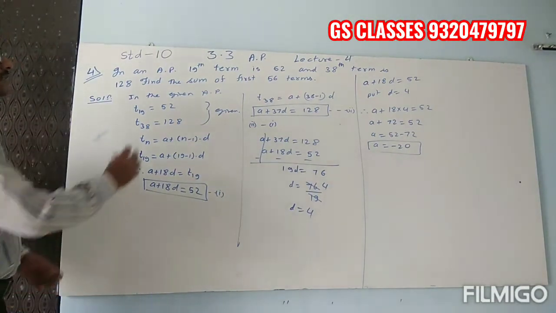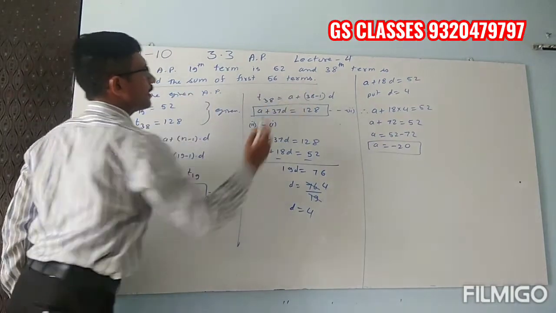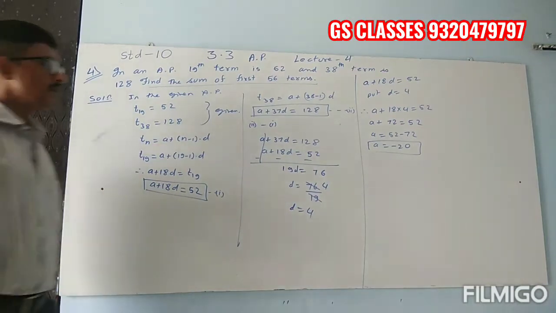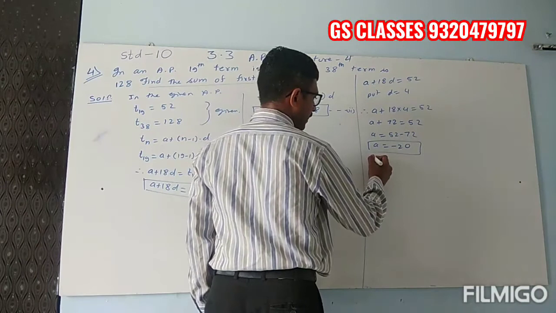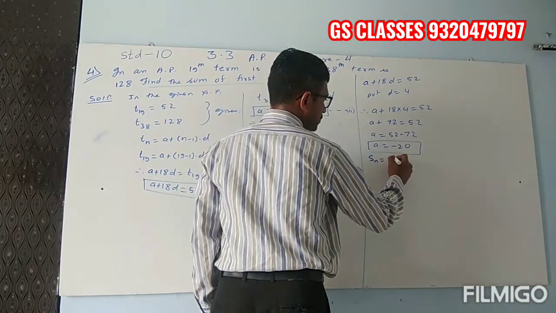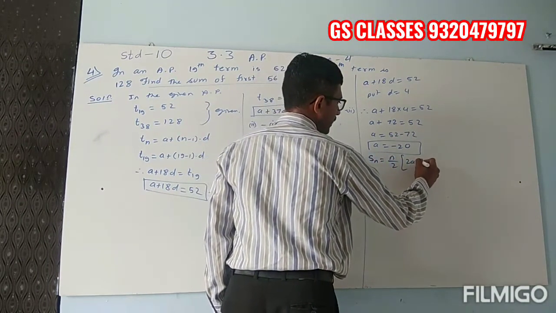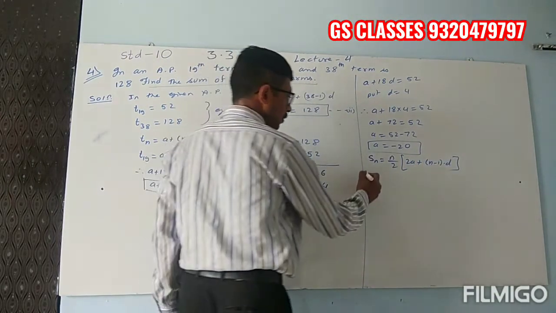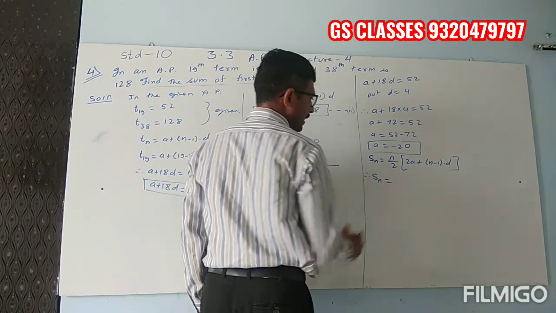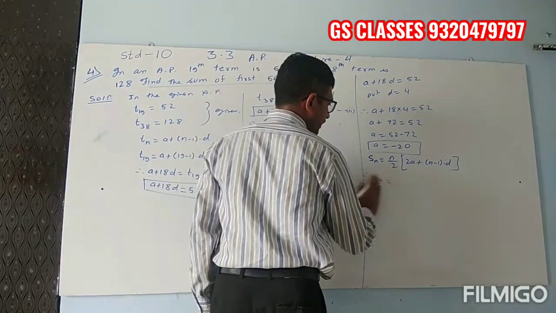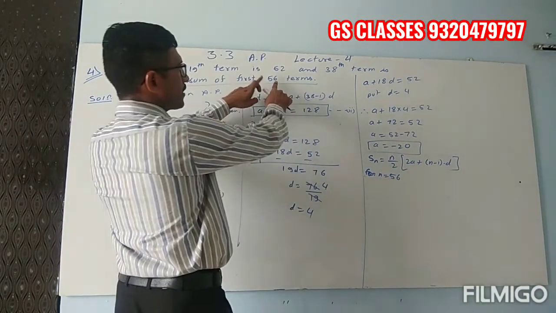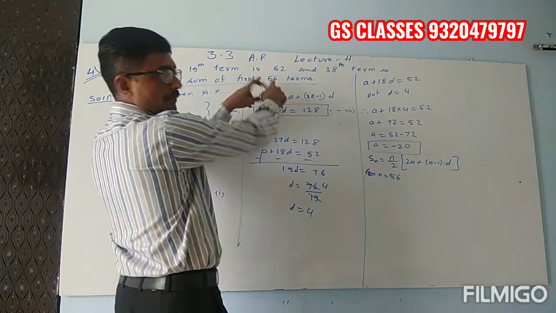Now children, they are asking us to find the sum of the first 56 terms. To know the sum of the first 56 terms, we will use the formula Sn equals n by 2 into 2a plus n minus 1 into d. So Sn is going to be, for n equals 56, because they are asking you to calculate for 56 terms.